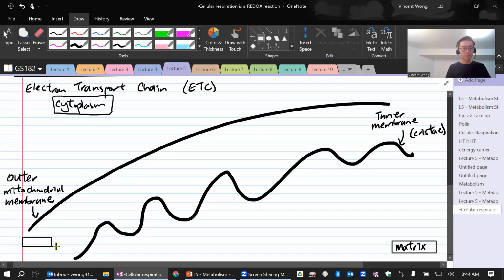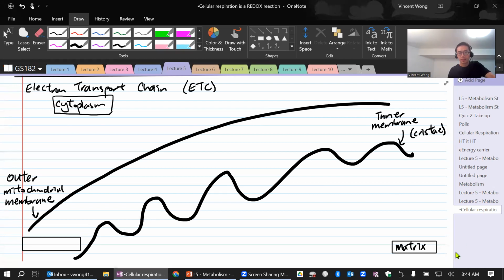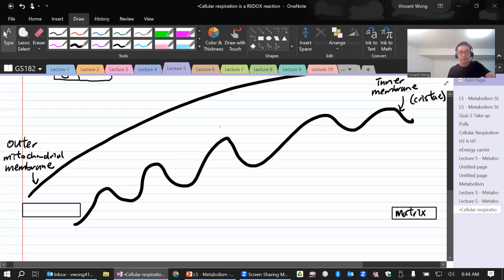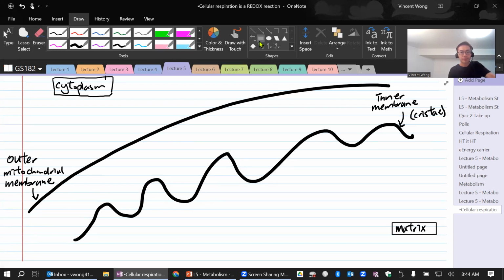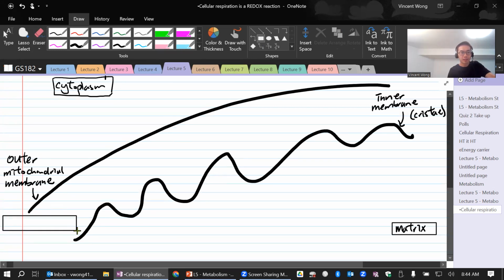How about here? What is this location between the outer and the inner membrane? Anybody remember what that location is called?